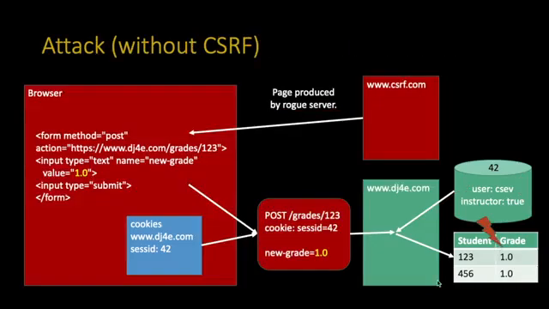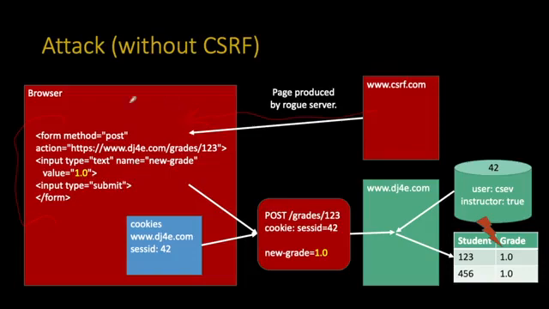Now, here is what happens when you get to a CSRF attack. Somehow a page gets sent from a rogue server, and it just has this form: method equals post, action equals the Django server, but it's going to a different place. It puts a new grade and then a submit.